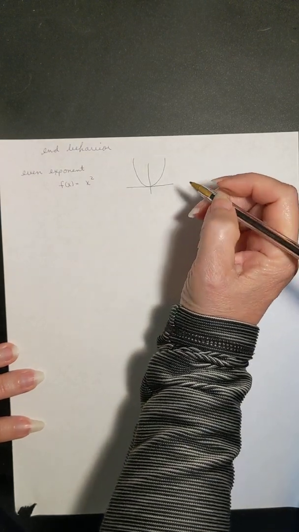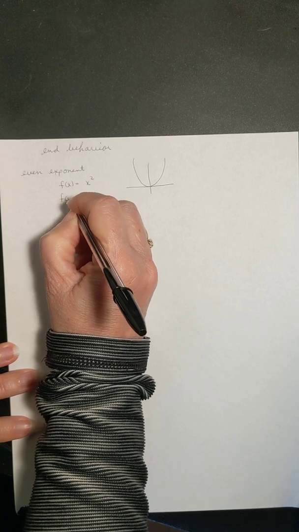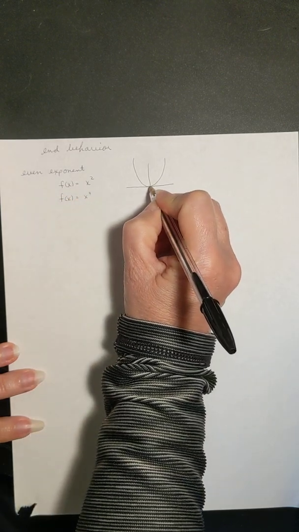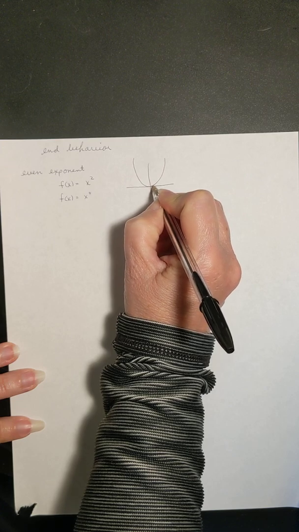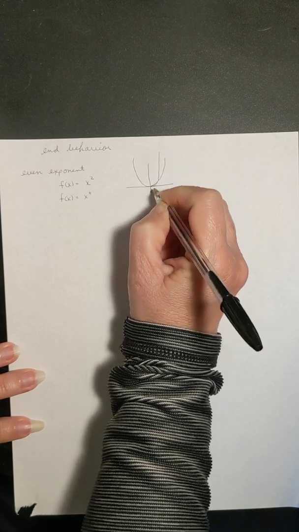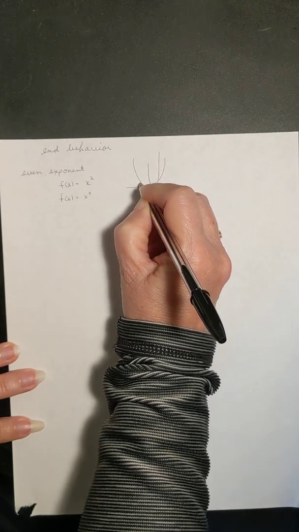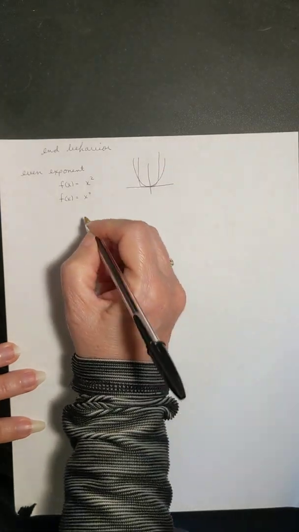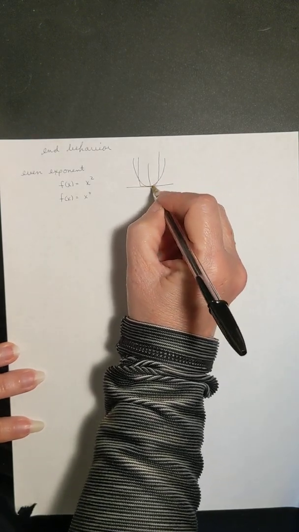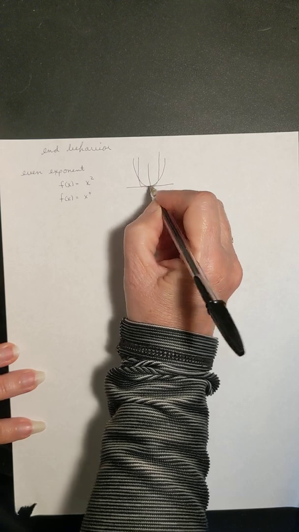Now, if I plotted points for f of x is equal to x to the fourth, it's going to flatten out a little bit more here and then go up faster. It's still that parabola shape, but it looks a little bit more squared off at the bottom.